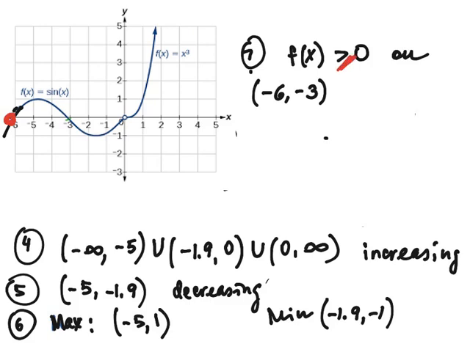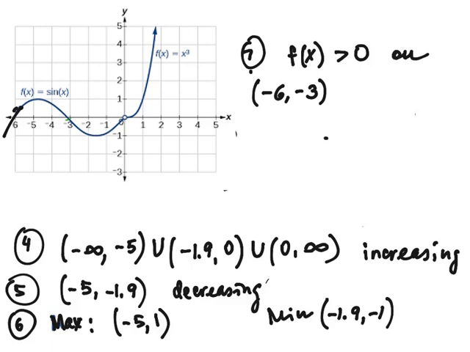And we don't have an equal sign here. It just says a strict inequality, greater than. So that's extremely important. Now, if it said f of x is greater than or equal to 0, then you would include the -6 and -3. So remember that. All right, let's continue.